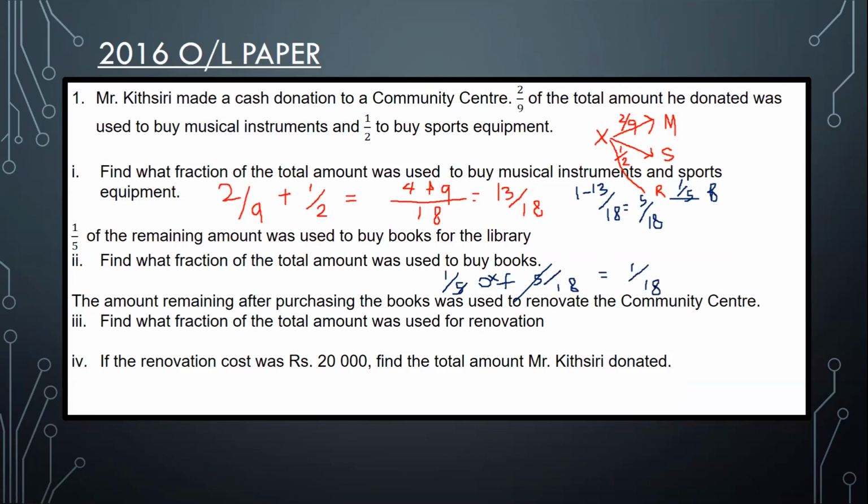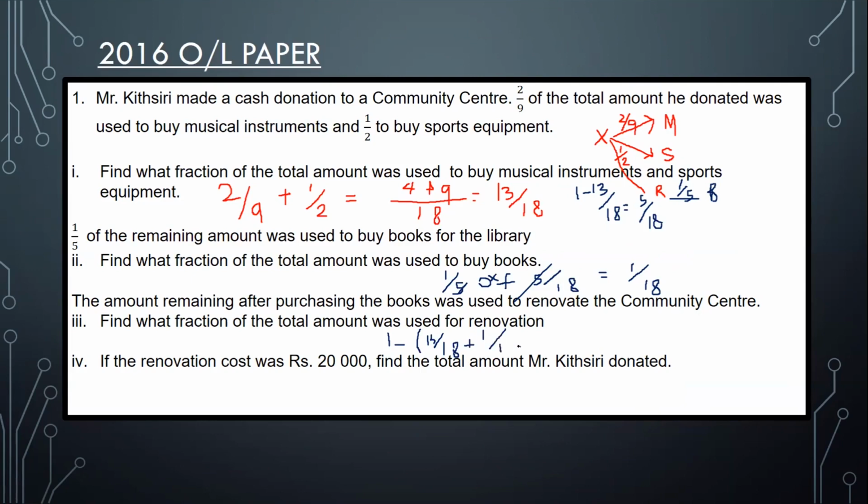Okay, the amount remaining after purchasing the books was used to renovate the community center. So you can see 1/18 is used to buy books, 13/18 is used for musical instruments and sports. So the remainder is, you have total 1, and you have already spent 13/18 plus 1/18 for books.